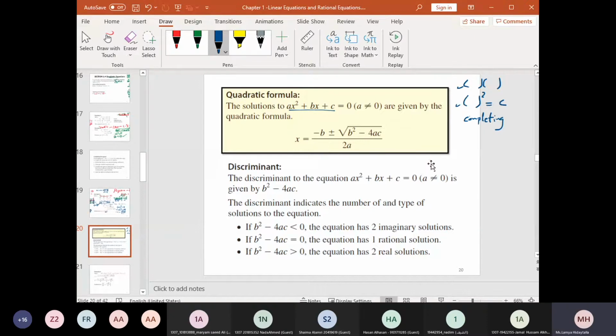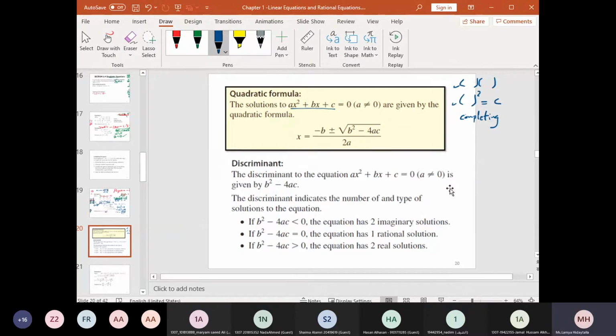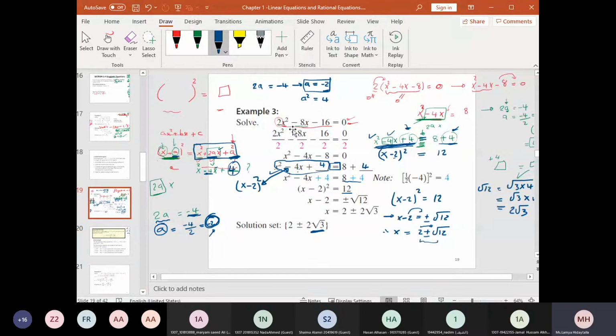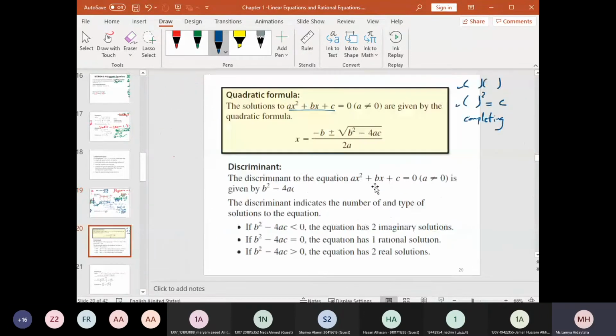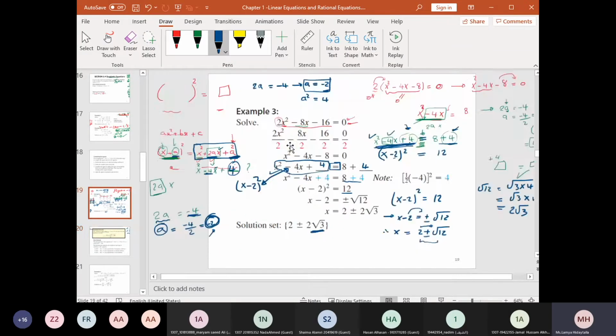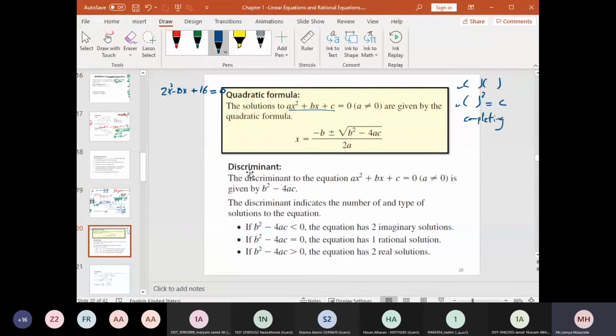Is it clear? So for instance, if we took the previous equation, 2x square minus 8x minus 16 equal to 0. Sorry, minus 16 is equal to 0. Can we solve it using this formula as well?